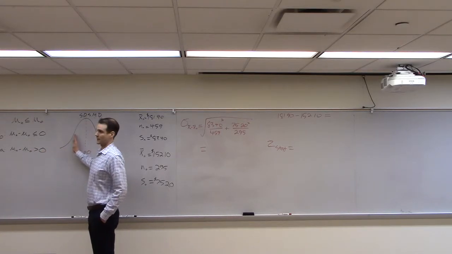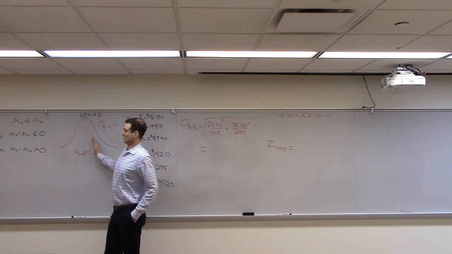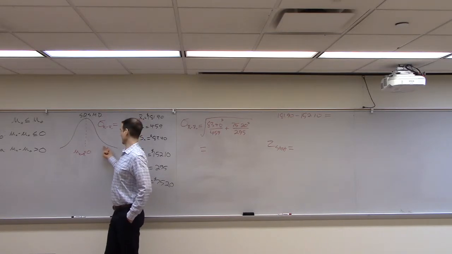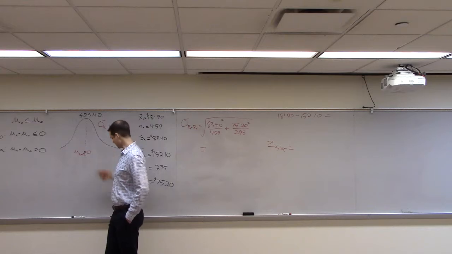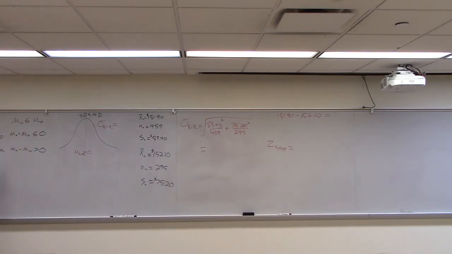So anything less than 0, we're not rejecting. Anything more than 0, we're gonna get suspicious, and we're gonna have a rejection region in our most suspicious 5%, or 1%, or whatever it is. Okay. What's the significance level here? 5%, yeah. So our most suspicious 5% is gonna be in that upper tail.